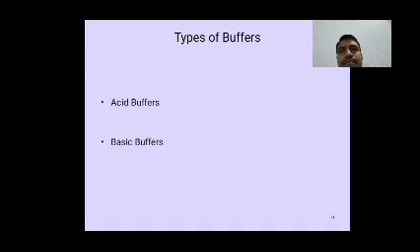Basic buffer: a mixture of a weak base and its salt with a strong acid forms a basic buffer solution. For example, ammonia buffers: ammonium hydroxide plus ammonium chloride, NH4OH plus NH4Cl, form basic buffer solutions.